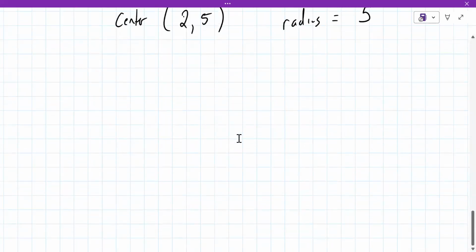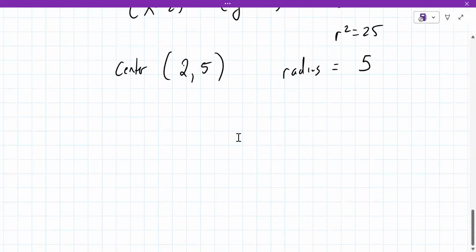Now, can you make a quick sketch of this and then give me the domain and range? Sure. Center (2, 5).